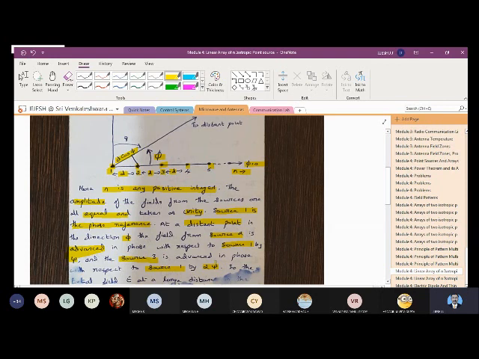So we are taking n isotropic point sources of equal amplitude and equal spacing between the isotropic sources, and here you have taken d as the spacing between the two isotropic sources, and you also know that the amplitudes are taken to be equal.